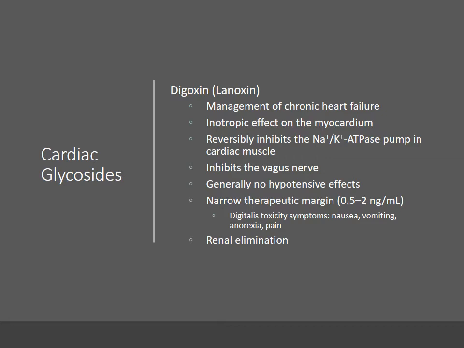Generally, there are no hypotensive effects. However, it has a very narrow therapeutic range, 0.5 to 2 nanograms per milliliter. Digitalis toxicity symptoms include nausea, vomiting, anorexia, and pain. It's eliminated by the kidney and is considered a cardiac glycoside.